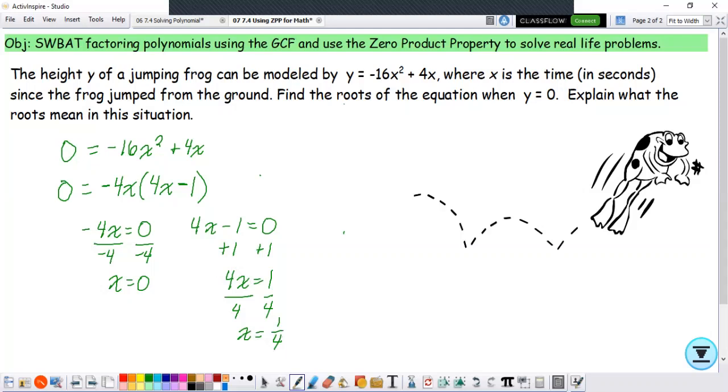Well, if x is time in seconds, and y is the height, and we know y is 0, we know that at 0 seconds, the frog is on the ground.